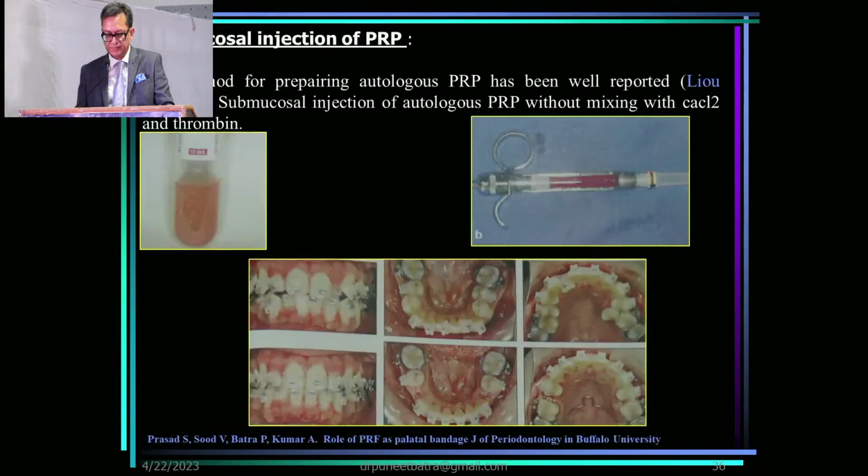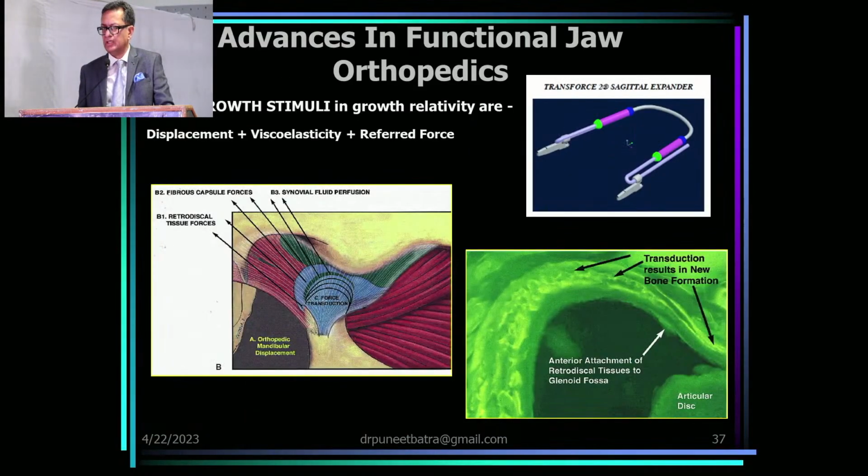You have a tool, just like the diabetic needles, there are propel devices wherein you can puncture the bone by 1 millimeter, and this is under local anesthesia, and this enhances the rate of tooth movement.